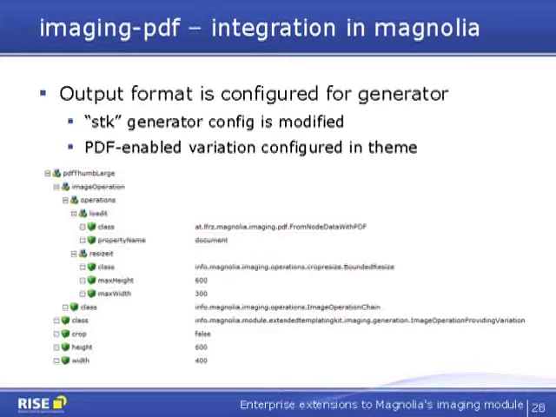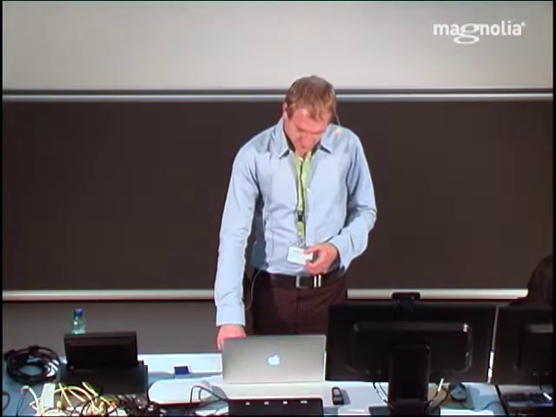This is a variation we call PDF thumb large, and you can see there's an image operation chain configured right in that variation with a load operation that's specified to use our from node data with PDF class, and then there's a resize operation on the resulting image. So that's how we integrated that into Magnolia's imaging.